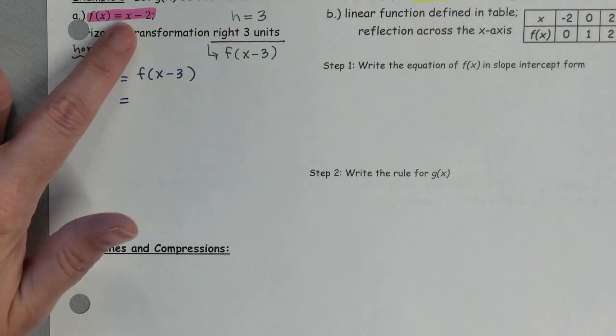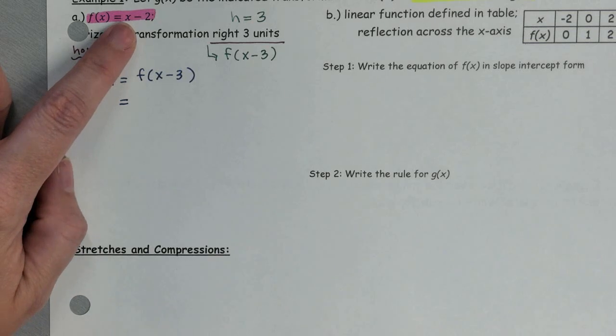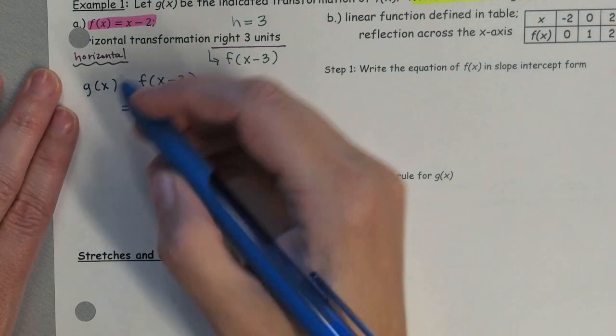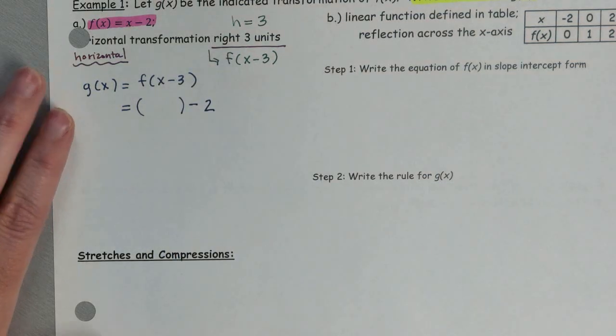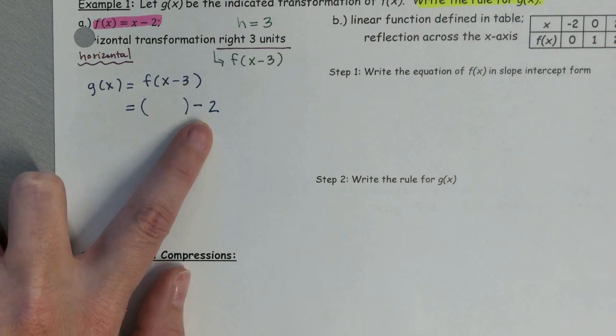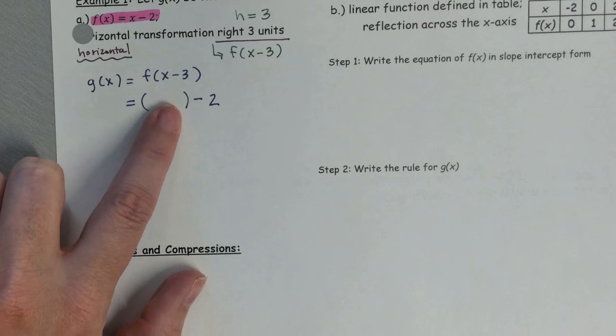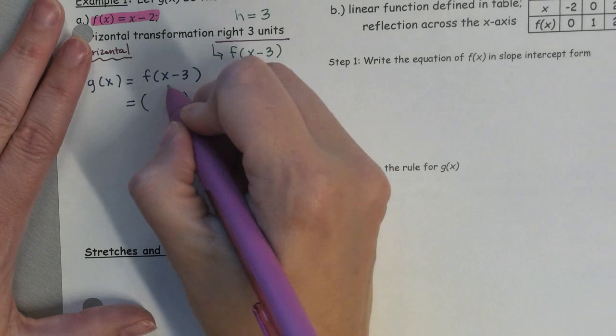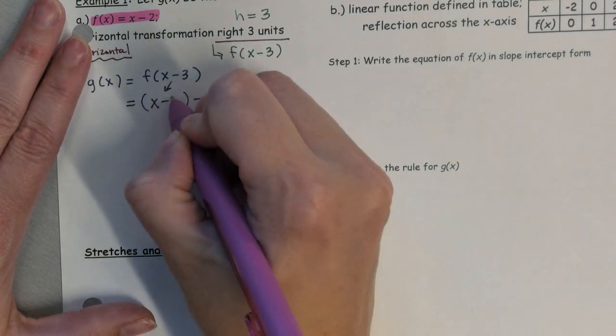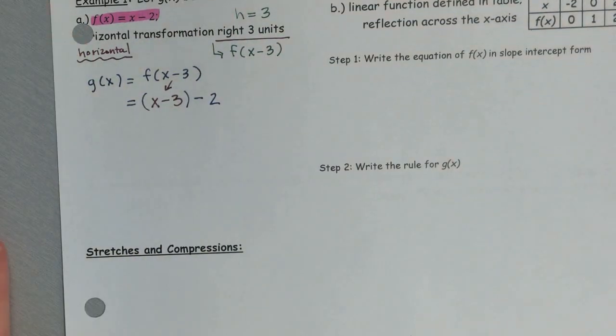I look at my equation, which is x minus 2, and instead of x, I put parentheses, minus 2. So my function is x minus 2. But I know I'm going to have to substitute something in for x, and that's the x minus 3. So I just go ahead and do that substitution.